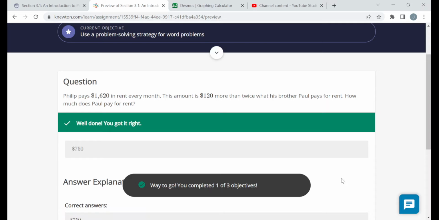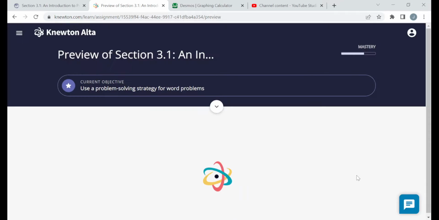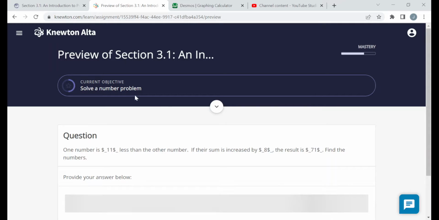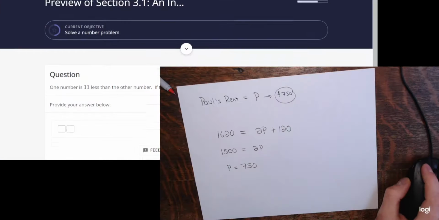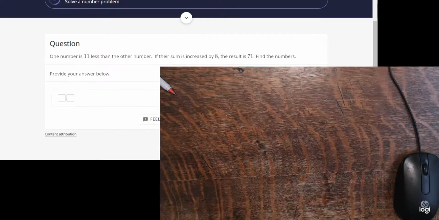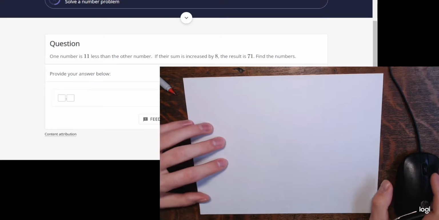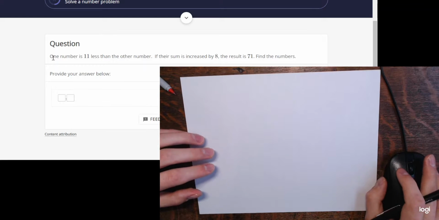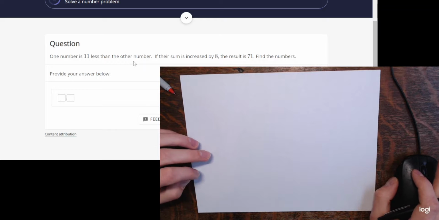Okay, and then the rest of them are those number problems, either consecutive integers or numbers. Solve a number problem. Once again, I'll make sure you can read the problem they have there. Let's get a piece of paper out here. It says one number is 11 less than the other.